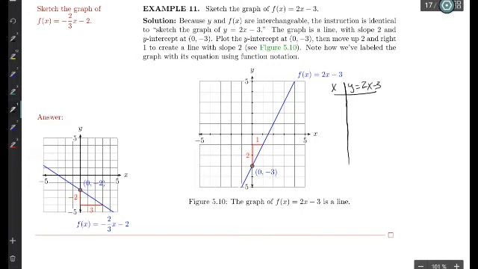So say you put in 0, then you get y is equal to 2 times 0 minus 3, which is minus 3.